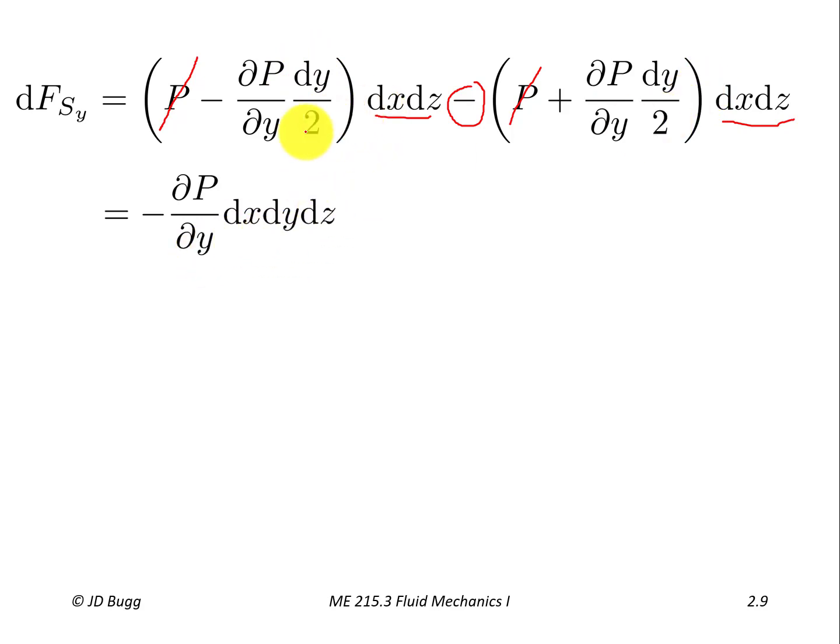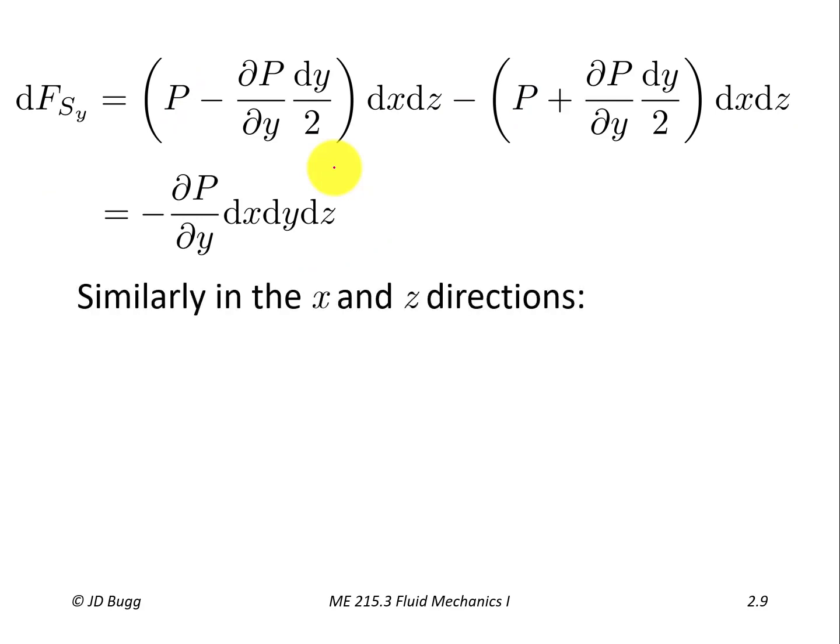The 2 is gone, and the dx dz is common to both of these. So this is the scalar, or the y component of the force on that little control volume due to the pressure or surface forces. Now, we can do exactly the same thing in the other two directions.